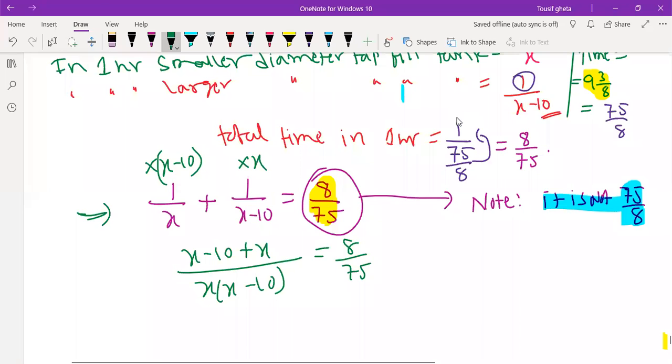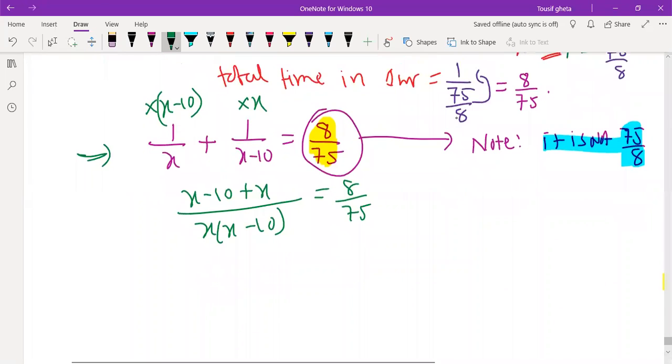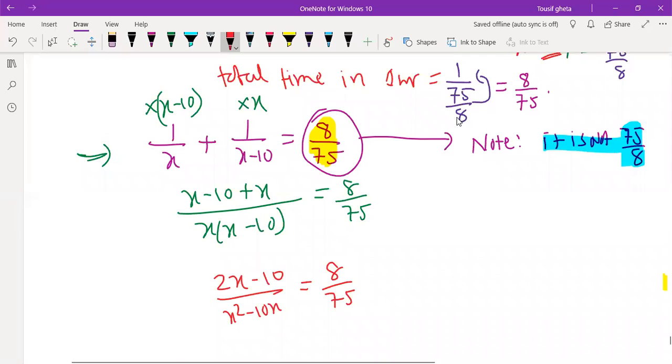Correct, Shweta? Kirtana understood? Right.